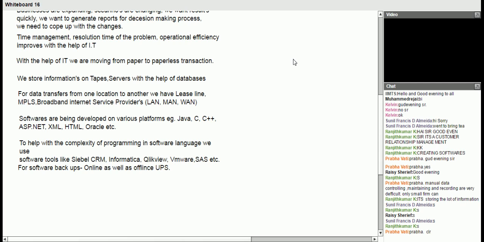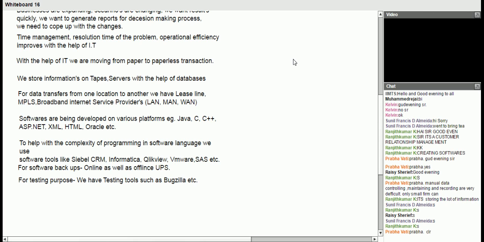For testing purposes, we have testing tools such as Bugzilla, etc. There are a lot of tools available in the market.